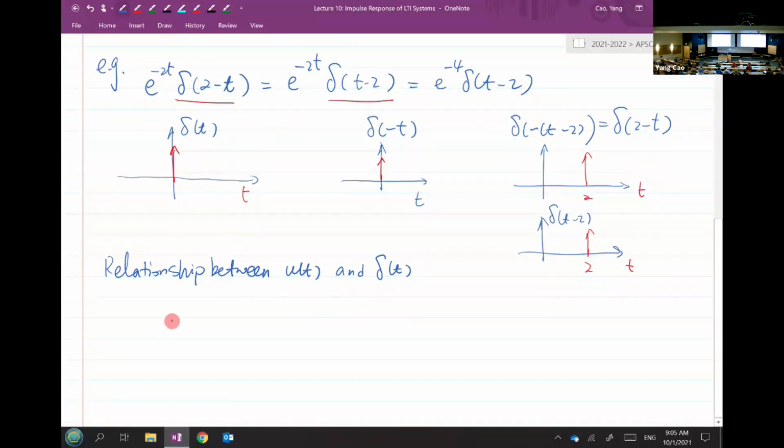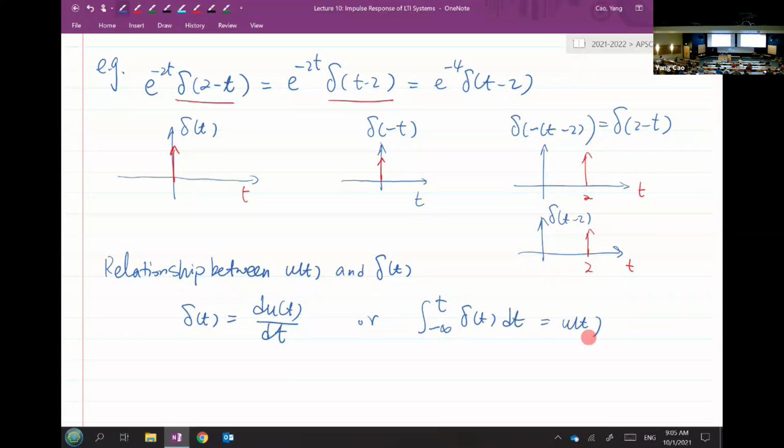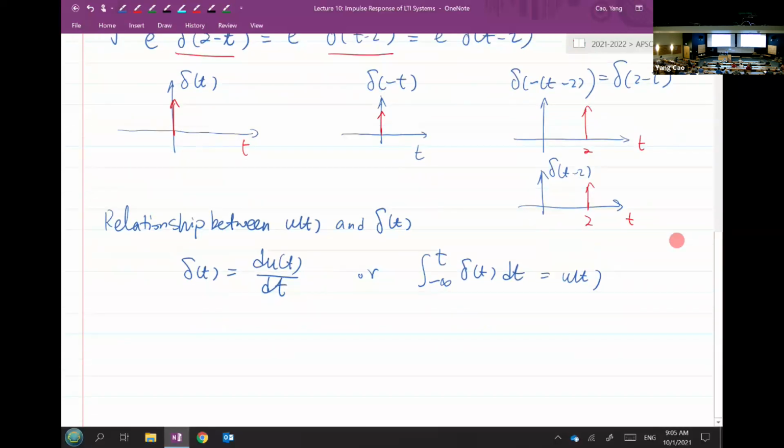The bottom line is, it's not a very rigorous proof, but delta t is basically equal to du of t over dt, or if you integrate delta t, you get back the unit step function u of t. That's a result that we have demonstrated. It's not a rigorous proof, but it's a result.